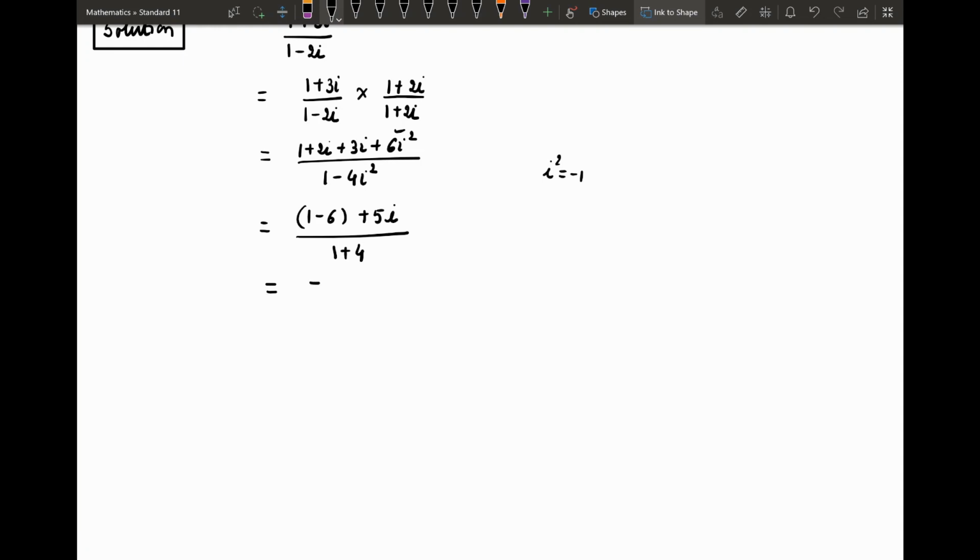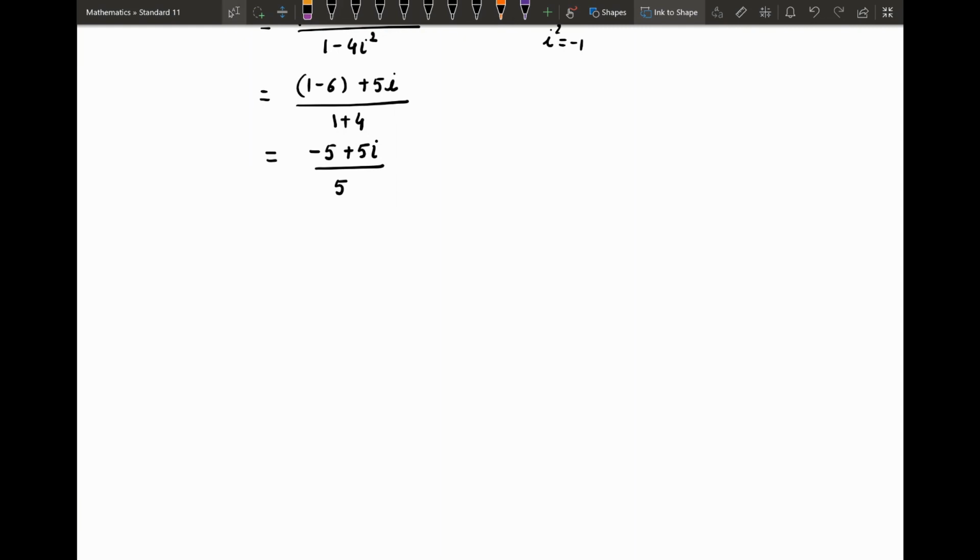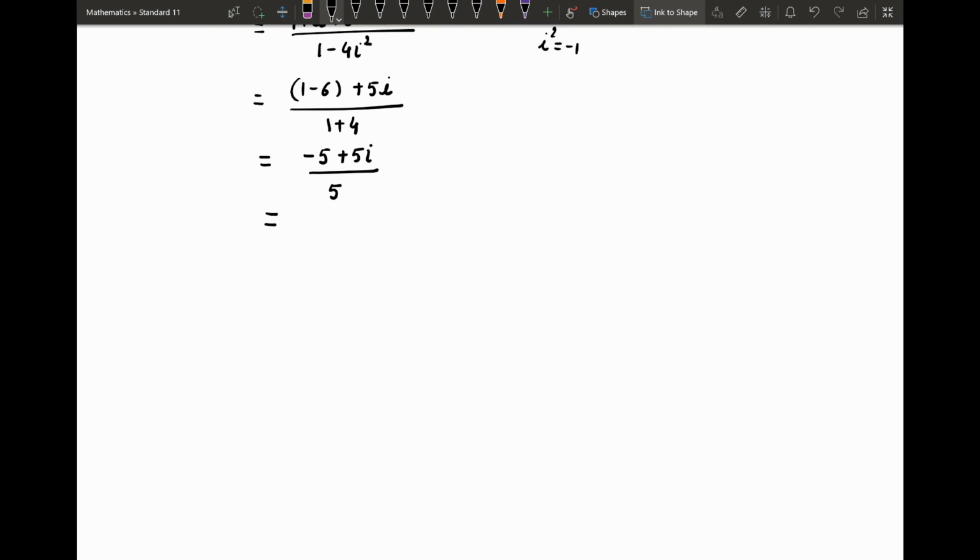So minus 5 plus 5i upon 5. So this is nothing but minus 1 plus i. Divide each term by 5. So the given complex number is minus 1 plus i.